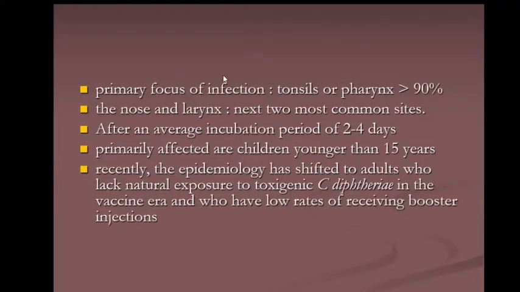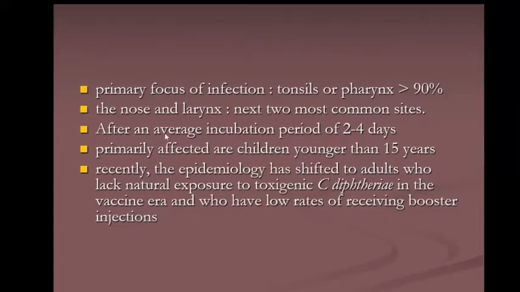The primary focus of infection in diphtheria, most commonly, we see as the membrane in the tonsil or pharynx, and it is more than 90% of the cases. So the primary is tonsillar or pharyngeal diphtheria. Other sites like the nose or sometimes the larynx are next common.